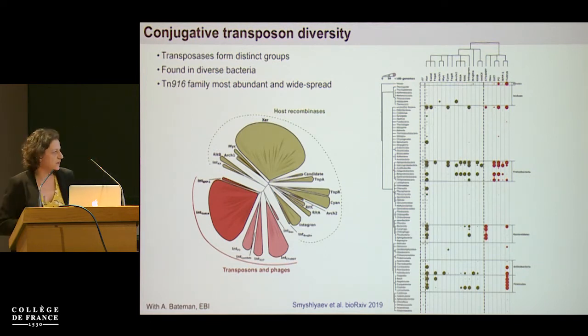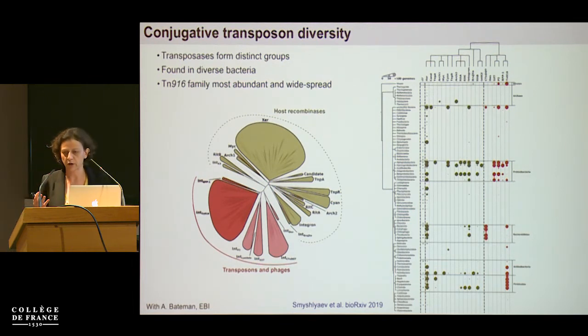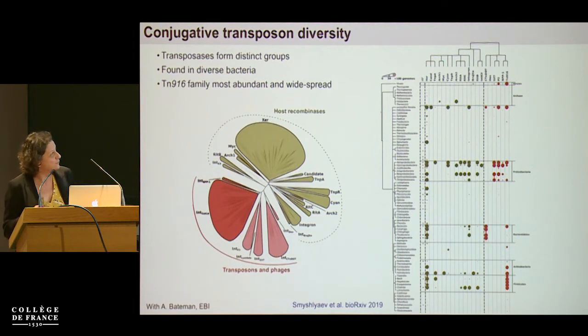So to improve this, in collaboration with Alex Bateman at the EBI and more recently with Per Bork in our own department at the EMBL, we have been trying to develop bioinformatic tools to identify and characterize conjugative transposons in particular in different bacterial taxa.